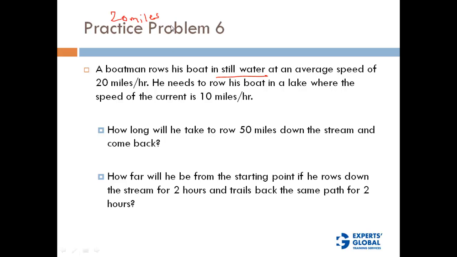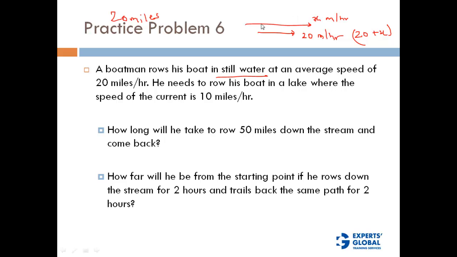Now if he is rowing in running water, so let's say water is running like this and he is rowing also in the same direction. Obviously he is going to row much faster, right? If the water is running at X miles per hour and he has a speed of 20 miles per hour, effectively he will be traveling at 20 plus X miles per hour.